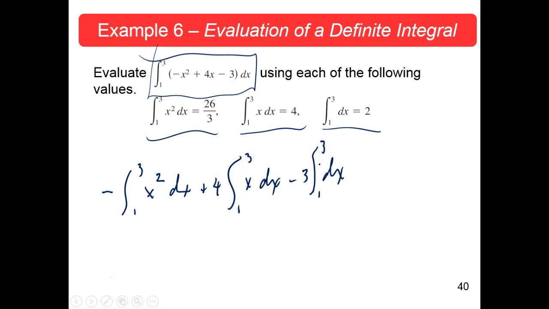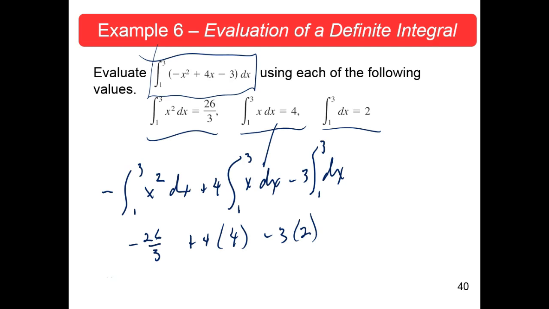Now you see the magic that happened here? We pulled the minus sign out, and that left you this, plus the integral, pull the 4 out, integral of x dx, and then pull the minus 3 out and do the integral from 1 to 3 of dx. And that's exactly what you got from up there. And we know this is 26 thirds. Magically, we know that. So this is minus 26 thirds plus 4 times 4, because this integral is 4, minus 3 times 2.